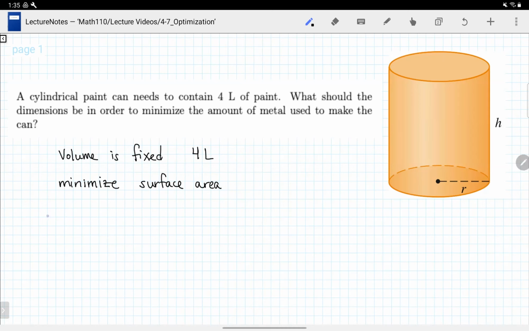Now we need to know what the formulas are for volume and surface area. So let's look at the volume. That's going to be the area of the base times the height for any cylindrical solid. So area of base is pi r squared times the height. Now, of course, we should also be thinking about the units here.